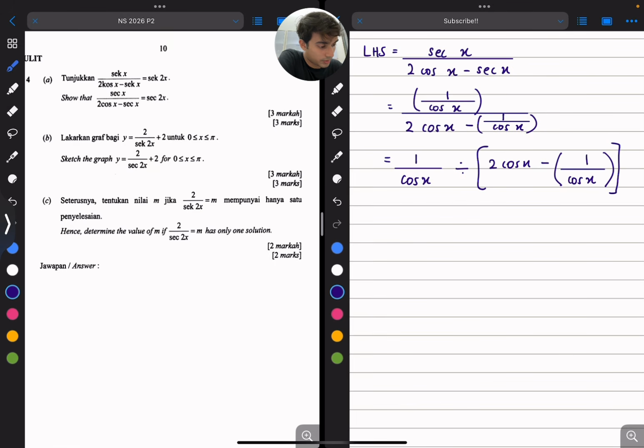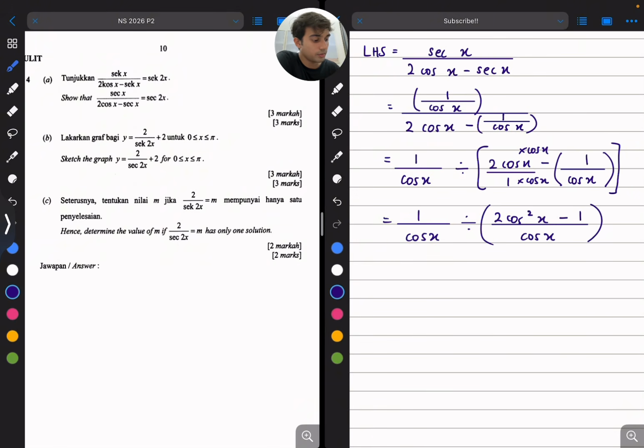Here we can simplify it into one fraction by making the denominator the same. Currently this denominator is 1, so to make the denominator the same, we times this by cos x. If we times both of these with cos x, we will get 1 over cos x divided by (2 cos squared x minus 1) over cos x.